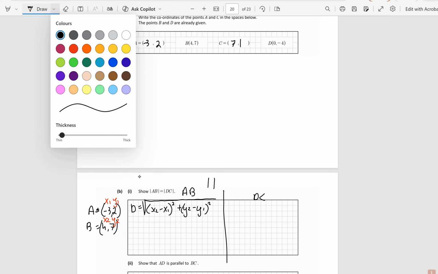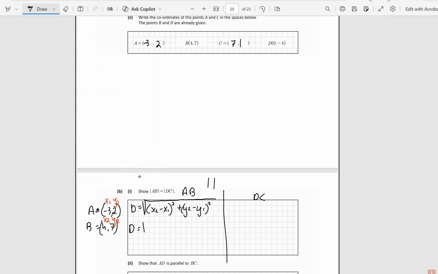Fill them in. D equals square root of X2, which is 4, minus 3 squared, plus Y2, 7 minus 2 squared. Okay, that minus will become a plus.